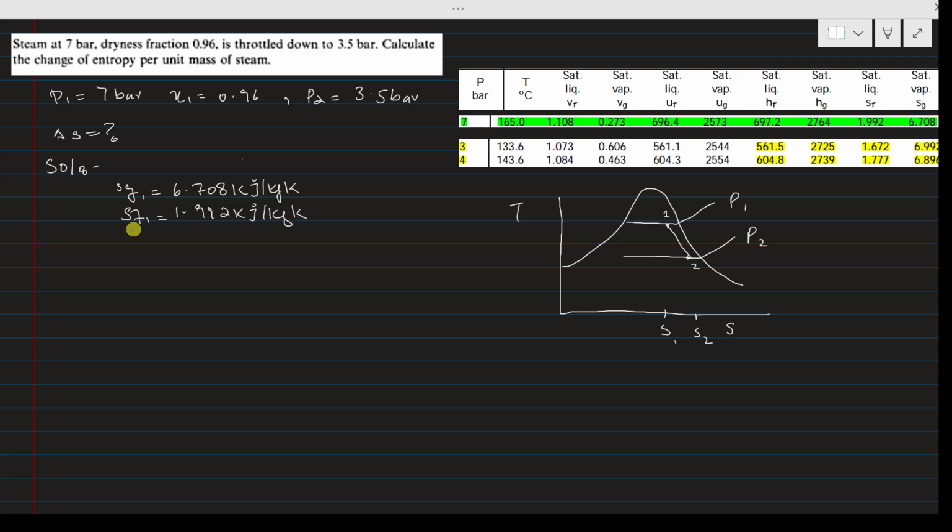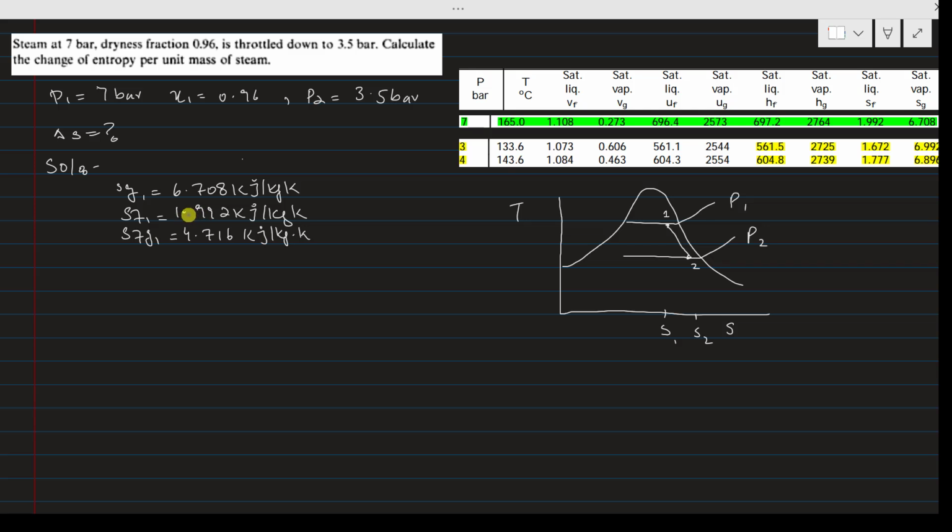If you subtract this Sf1 from Sg1, you will get Sfg1, which is equal to 4.716 kilojoule per kg Kelvin.